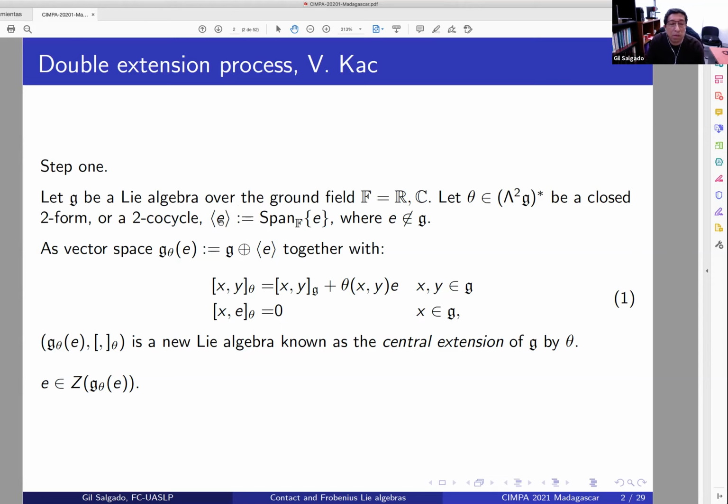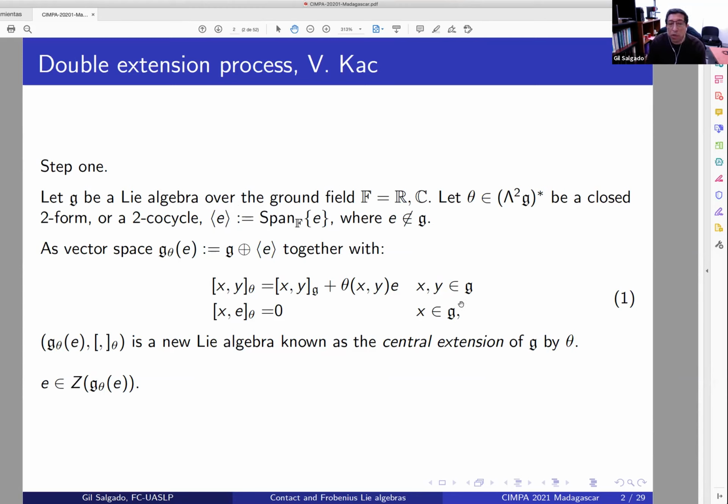is named E. Then we construct the direct sum of the original Lie algebra and the one-dimensional vector space. We can define a new Lie bracket using the closed two-form in this way.